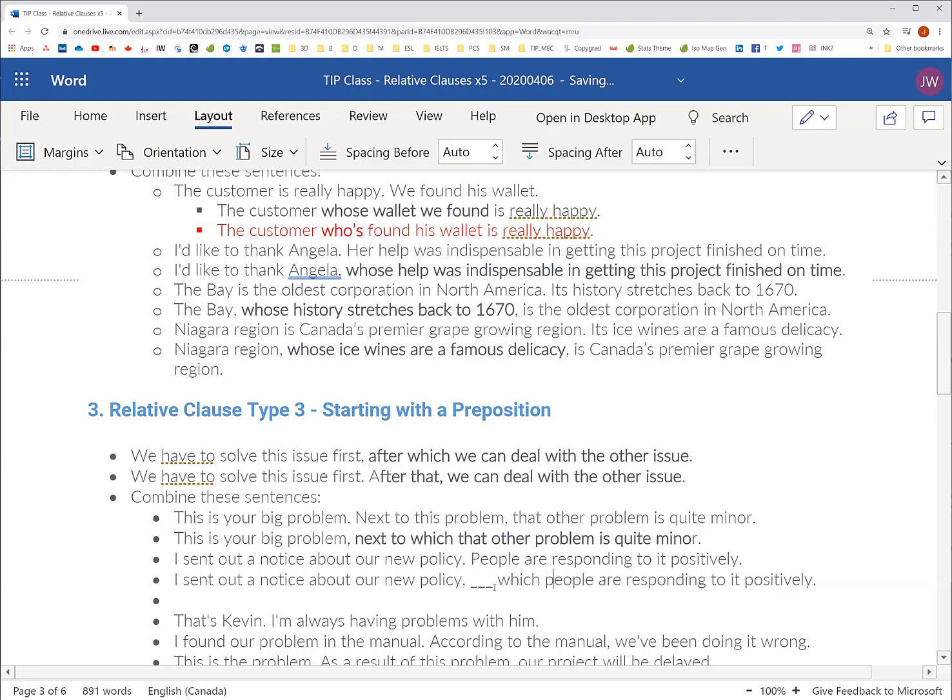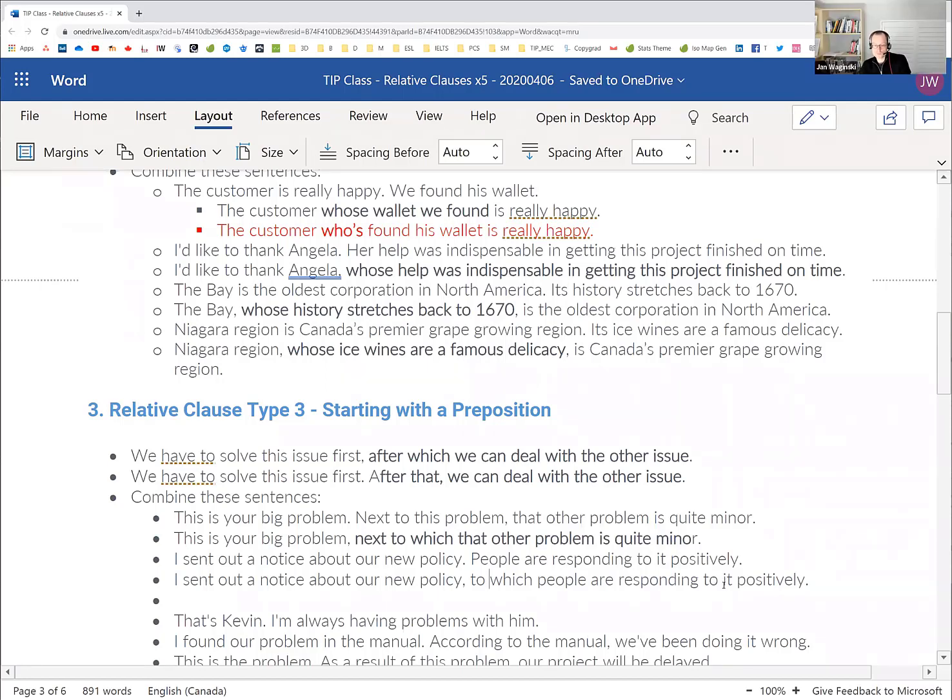Use the same preposition. To which? To which, yeah. To which people are responding, I think.